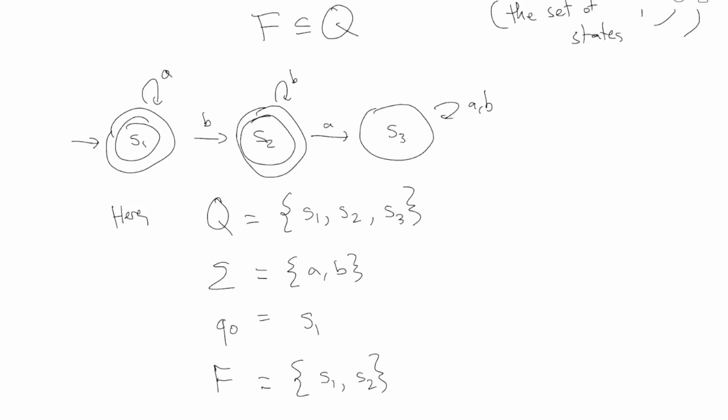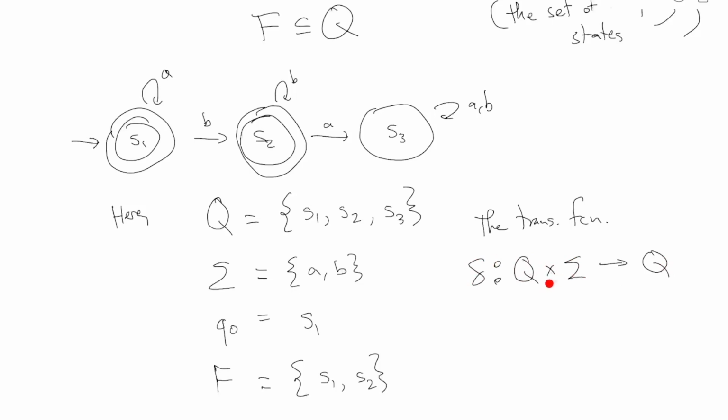We also need to discuss, and this is maybe the most important part, or the most interesting part, the transition function, this delta. The transition function, delta, and I will remind you, its domain is Q cross sigma, and its codomain is Q. What that all means, I hope you have some memory of this from your discrete math class. It means what you plug into delta is something from Q cross sigma.